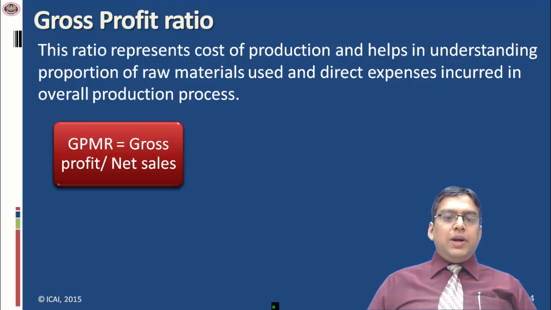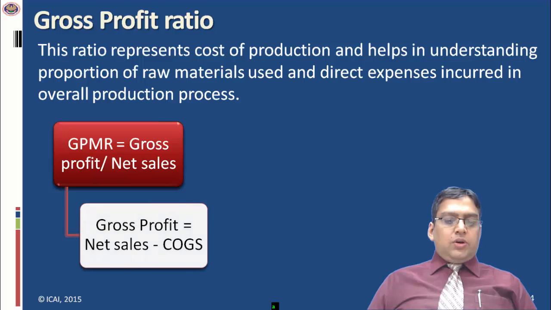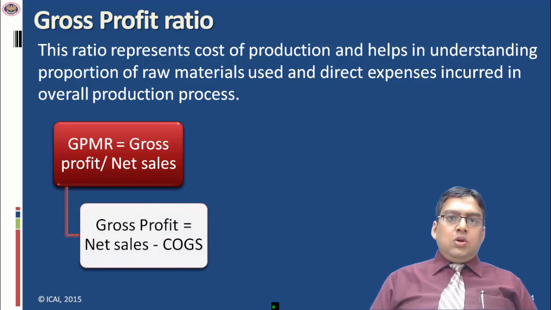That is gross profit divided by net sales. Gross profit margin ratio equals gross profit divided by net sales. And gross profit equals net sales minus cost of goods sold.